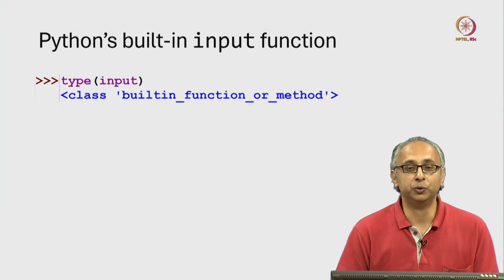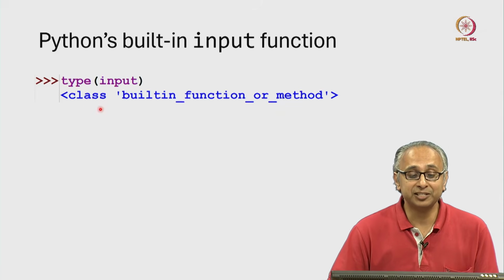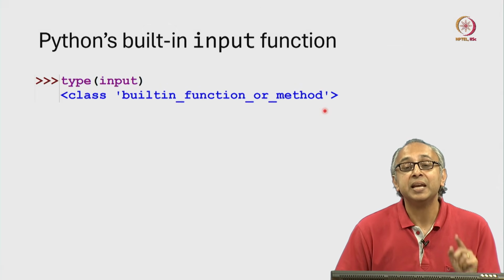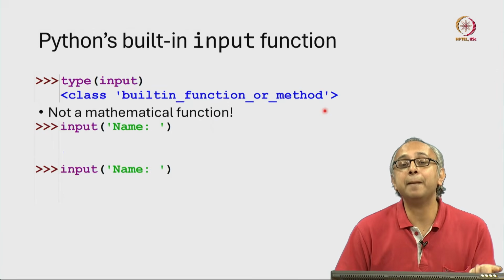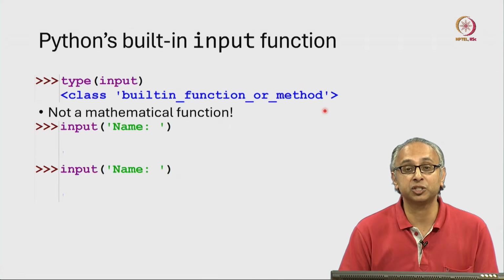But I want to warn you that even though the type function tells us that input itself is a built-in function or method, input is not a mathematical function in the sense that we just spoke about.